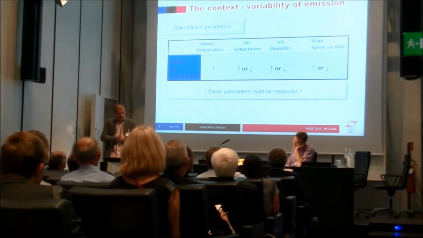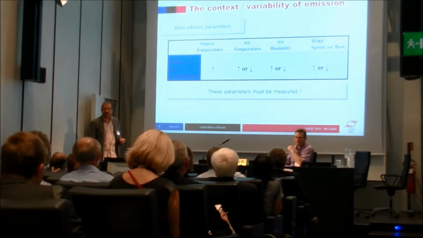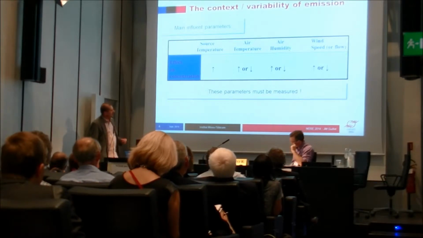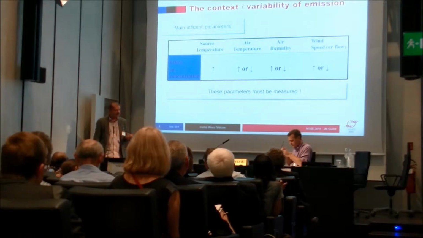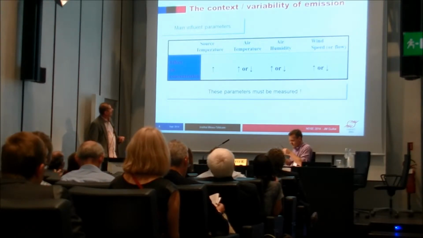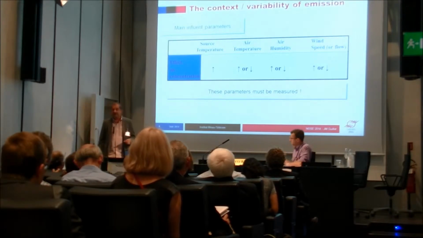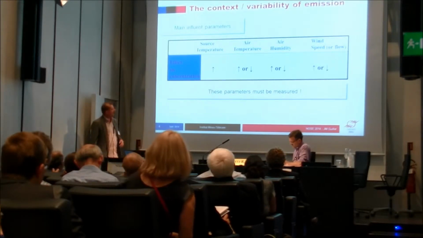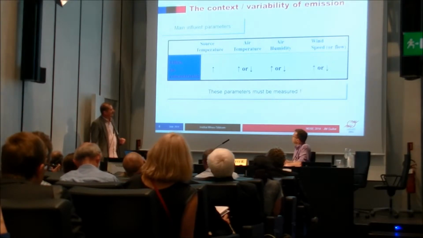We also all know that we have different factors that can influence the emission and the process. Of course, if you increase the temperature of the source, you will emit more compound. But for the other parameters, it's not so obvious. We just talked about wind speed that can dilute inside the wind tunnel instead of increasing the emission.